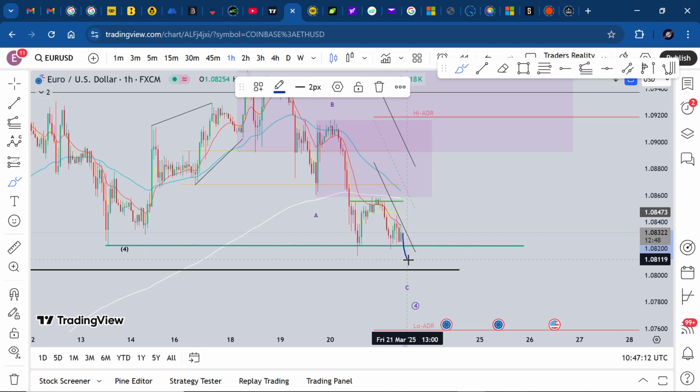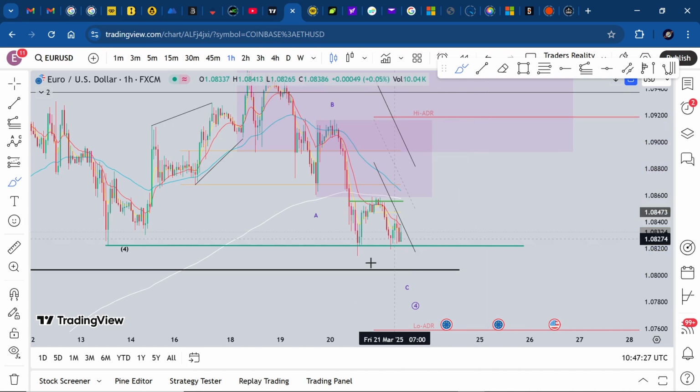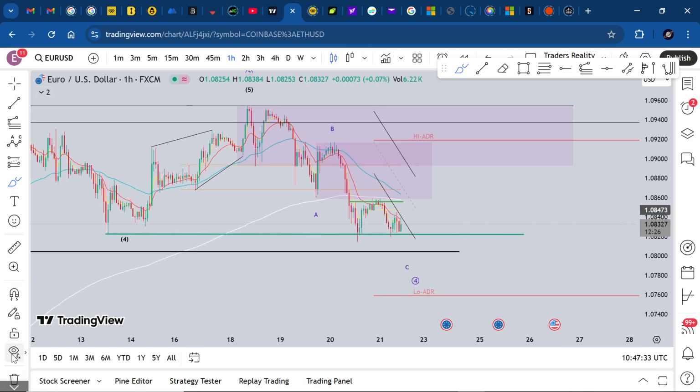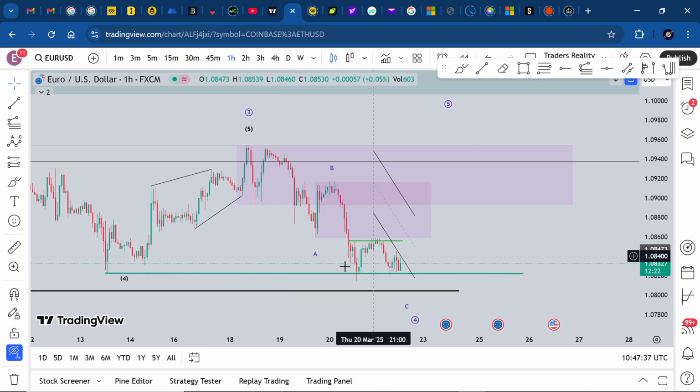As for how low, I don't know yet. But definitely something like this. And whether we do go down lower or not, price will eventually make its way up, more than likely. And it's this move up that we've got to keep our eye on, because we're facing a potential.